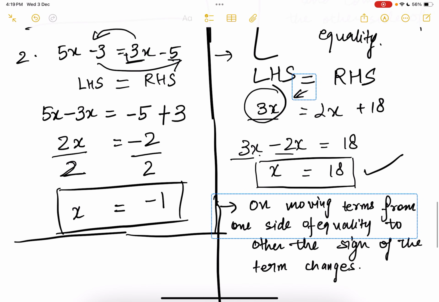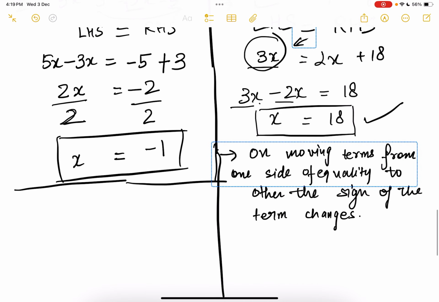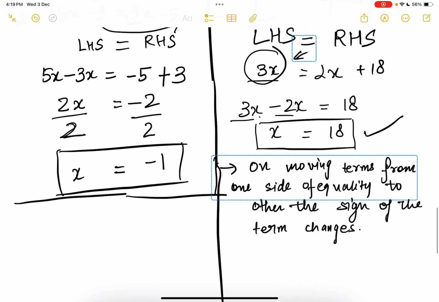Then next what you will have is the next problem.